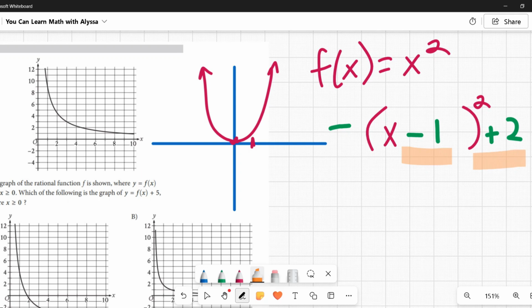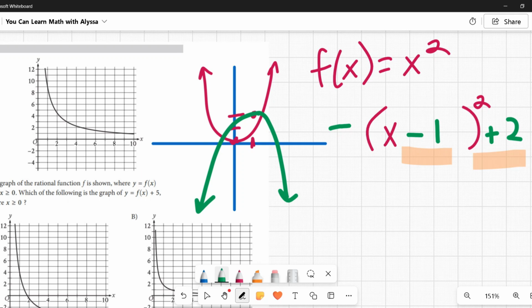And this plus 2 is going to move it directly up 2. So my new vertex is going to be right there. I don't have a number out front, so it doesn't get wider or narrower, but I do have a negative, so it's going to flip. It's going to look something like that.